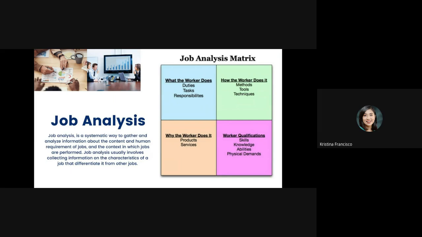You have your duties, your methods, your objectives, and workers' qualifications. The information collected includes work activities, behaviors, tools used, materials, performance standards, job context, and human requirements such as skills, education, and attributes. This comprehensive approach helps define the job's purpose and requirements.